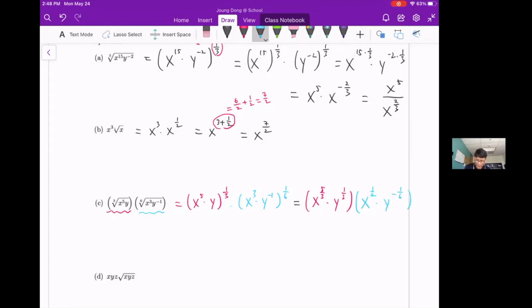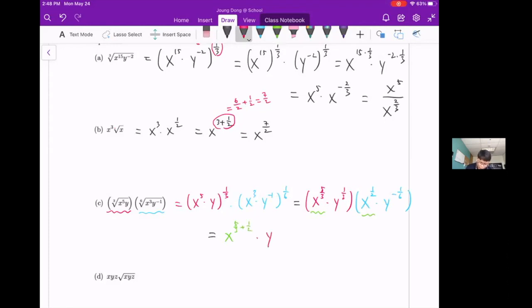Okay. And then we're going to combine the like terms, the x terms in the product. Then we're going to add up the exponents, right? So that is equal to, let me use the green color for the x term, x to the 5/3 plus 1/2. Let me use the red one for the y term.